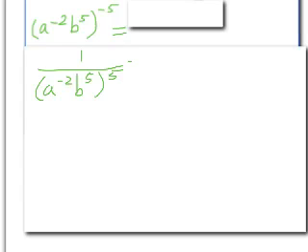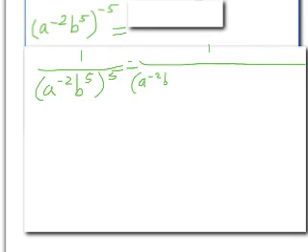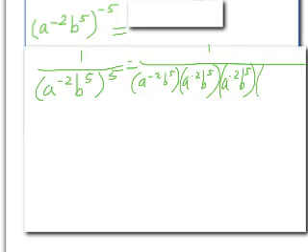So if we factor that out, we've got 1 over a to the negative 2, b to the 5th, times a to the negative 2, b to the 5th, times a to the negative 2, b to the 5th, times a to the negative 2, b to the 5th. So we can squeeze another one in here. Okay, so 1, 2, 3, 4, 5.